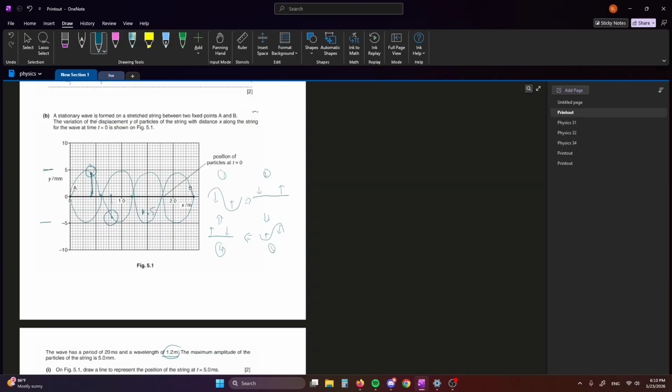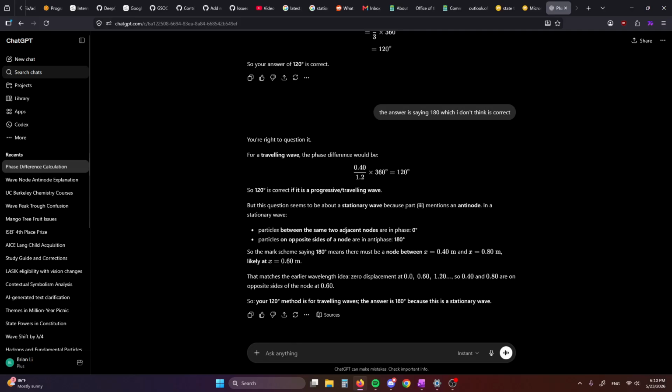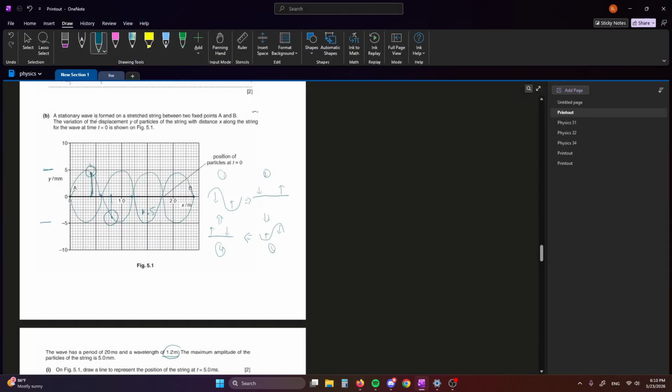So essentially, if they're on opposite sides of the node, then they're going to be 180 degrees apart. Otherwise, if they're on the same side of the node, they're going to be 0 degrees apart.